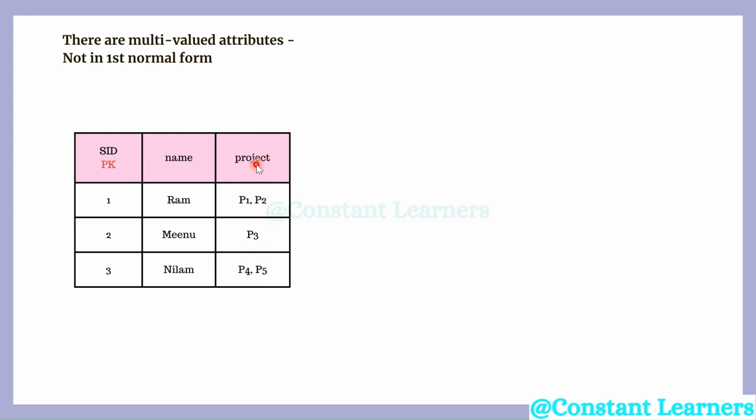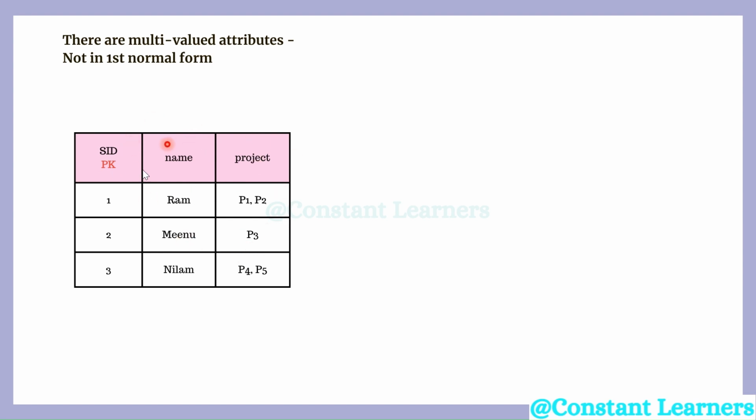Such columns or attributes are known as multi-valued attributes. If we have multi-valued attributes in a relation, meaning a table, then we say that the relation or the table is not in first normal form. So right now, our table is not in first normal form.